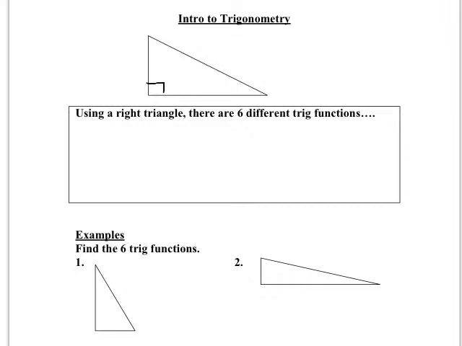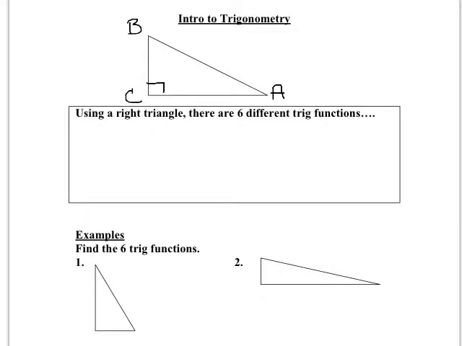Now, one of the things that we're going to do a lot is label vertices and sides. The way we traditionally do that is, when we label a vertex of a triangle, we tend to use capital letters. Like, for instance, if I call this A, this B, and this C. And then when we label the side, we correspond the side opposite the angle with the lowercase letter.